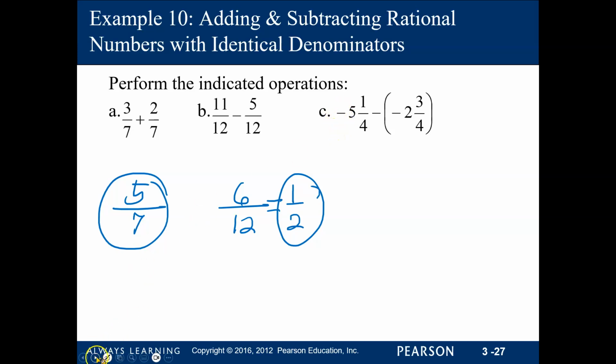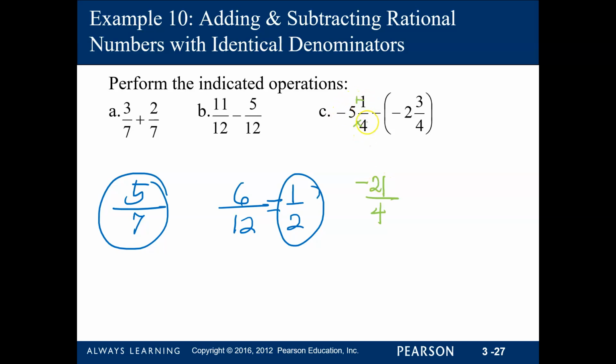So in this case, I would like to make sure that I emphasize this. Negative 5 and 1/4 is going to be, this is 4 times 5, which is 20 plus 1. It's going to be negative 21 over 4. We do not multiply negative 5 and 4. Do not do that. We just focus on the fraction part itself.